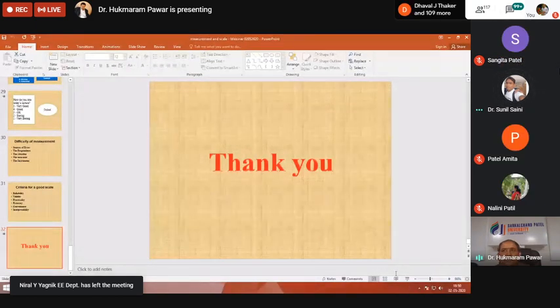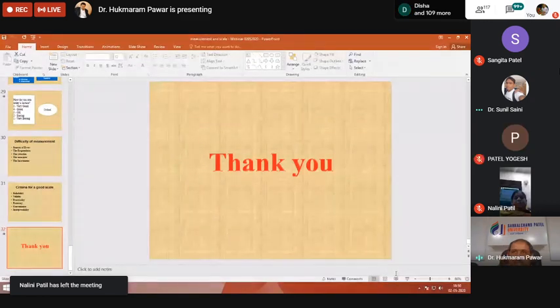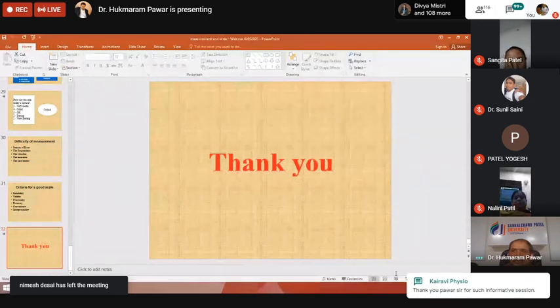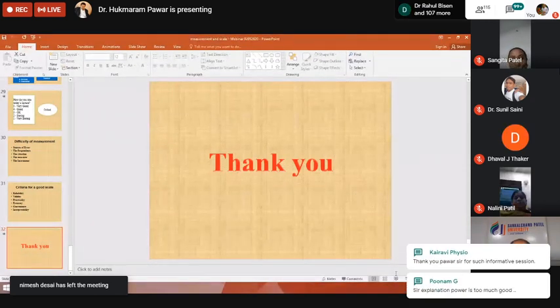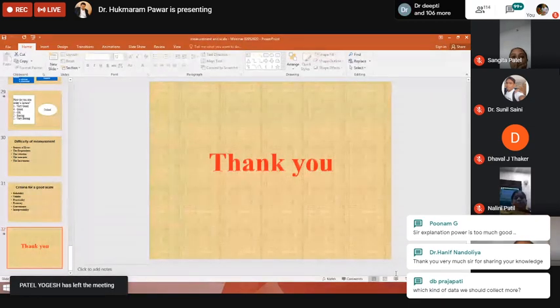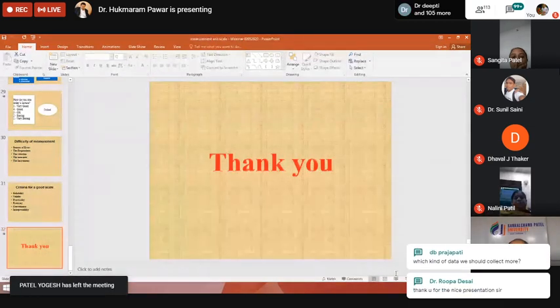It depends on the collection of the data or the information you have. First you decide the type of data, whether it is nominal, interval, ratio, or ordinal. If it is ratio kind of data, then any test can be used. If it is nominal kind of data, then only the chi-square test can be used, and only mode and percentage can be calculated.